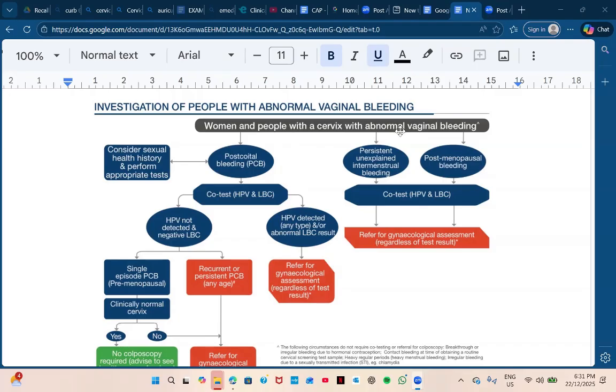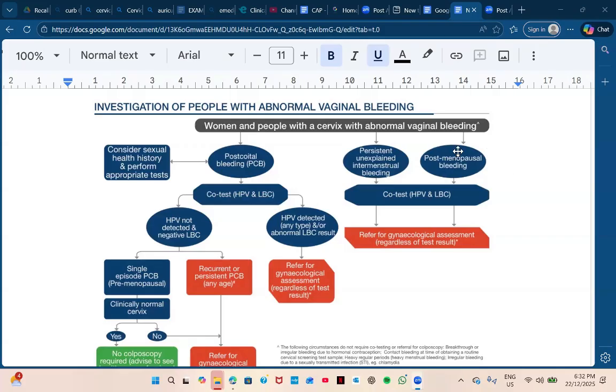In our case, if the patient were postmenopausal with bleeding, we have to do the cervical screening test, HPV and LBC. And even persistent unexplained intermenstrual bleeding, in that case also we have to do the cervical screening test and refer for gynecological assessment regardless of the test result.